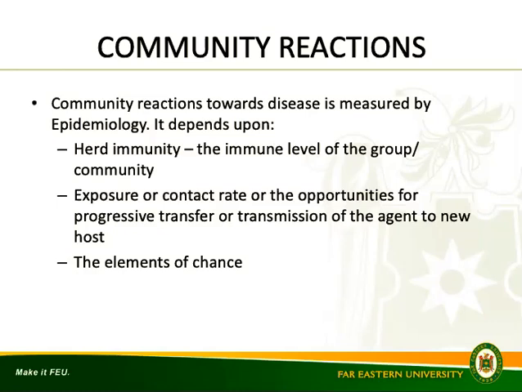Now, another path to herd immunity is through natural infection. So, how is it done? Herd immunity can be reached when a sufficient number of people in the population have recovered from a disease and have developed antibodies against future infection.